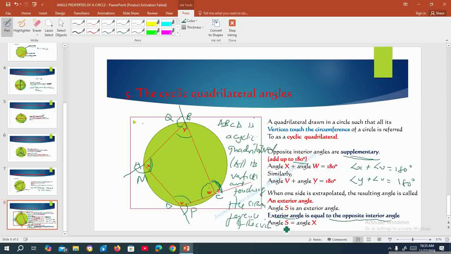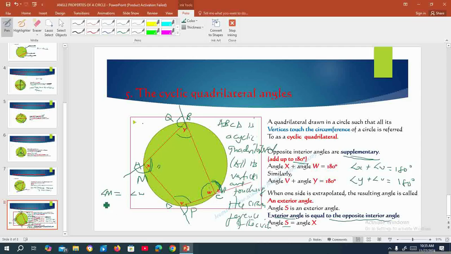That's why this angle S here will be equal to angle X. Likewise, angle M will be the same as angle W. This will be opposite to this one.